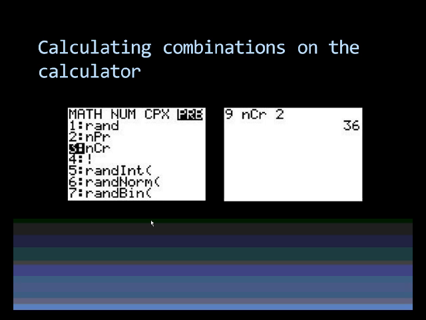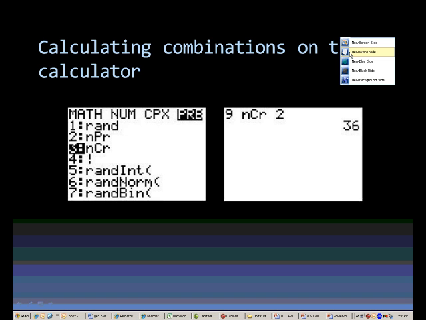What happens? It's the same thing as what? Yeah, as 9C2. Why? Is that just a coincidence? 7 plus 2 is 9, but why does that make it work? Okay, so if I have 9 choose 7, factorially, what does that look like?